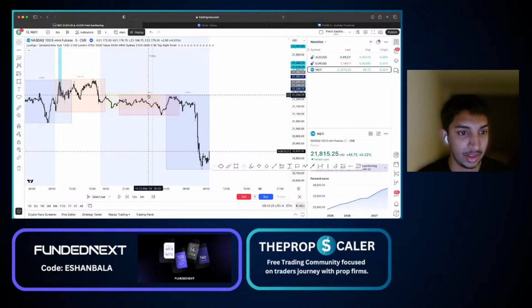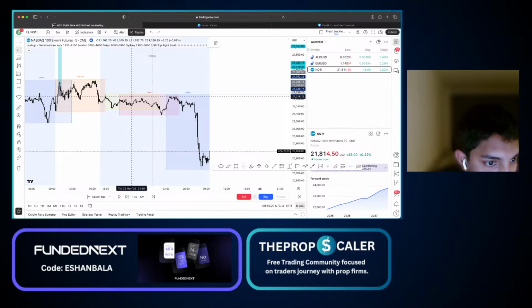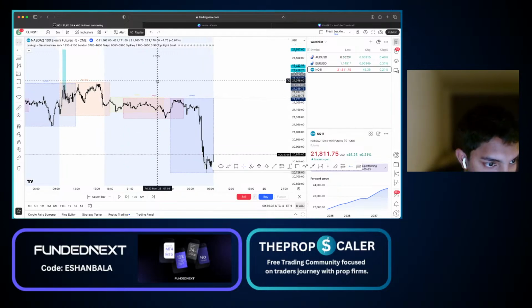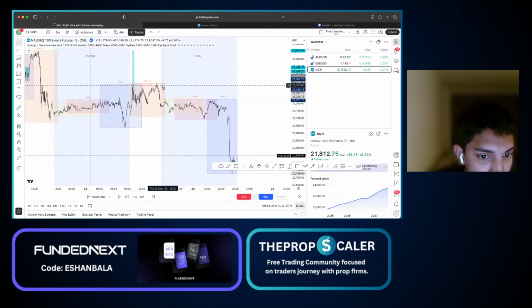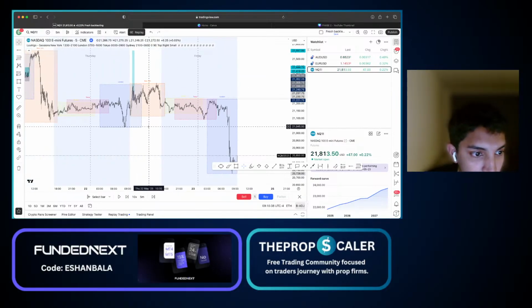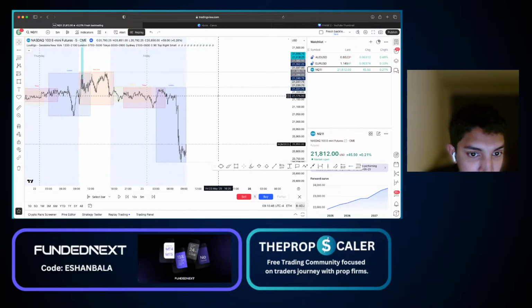Then Asia high and Asia low, very similar to the London high, should be this point over here. Then previous day high and low. The lows have been swept, but we do have this high over here from the previous day.